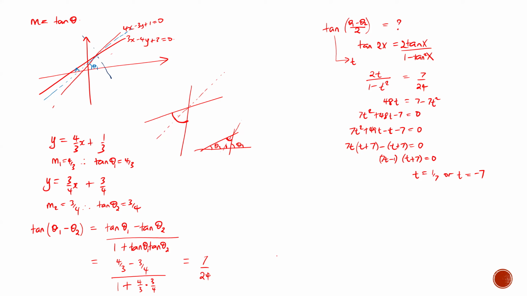The reason why we have two angles here is because, even for trig, if the tan of theta 1 minus theta 2 is 7 over 24, there are two possible angles for which that could occur. Remember, tan is positive in the first quadrant and in the third quadrant.